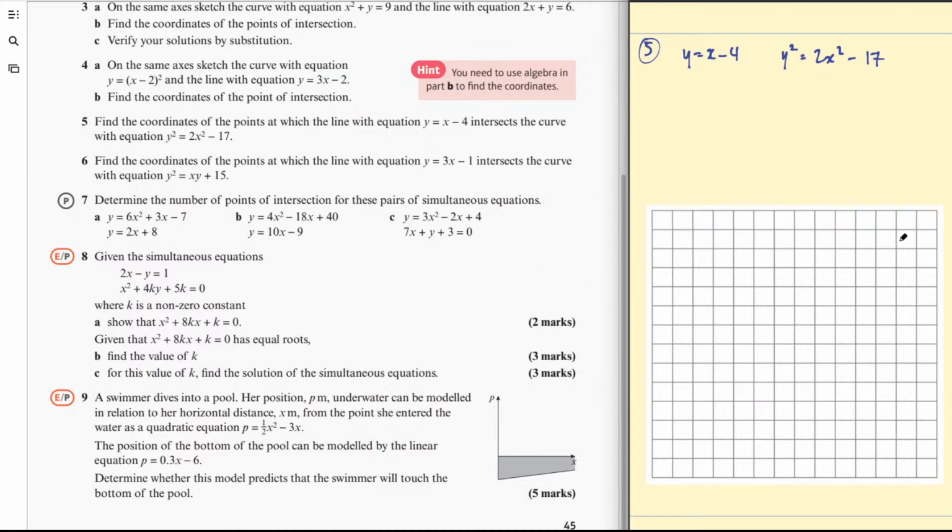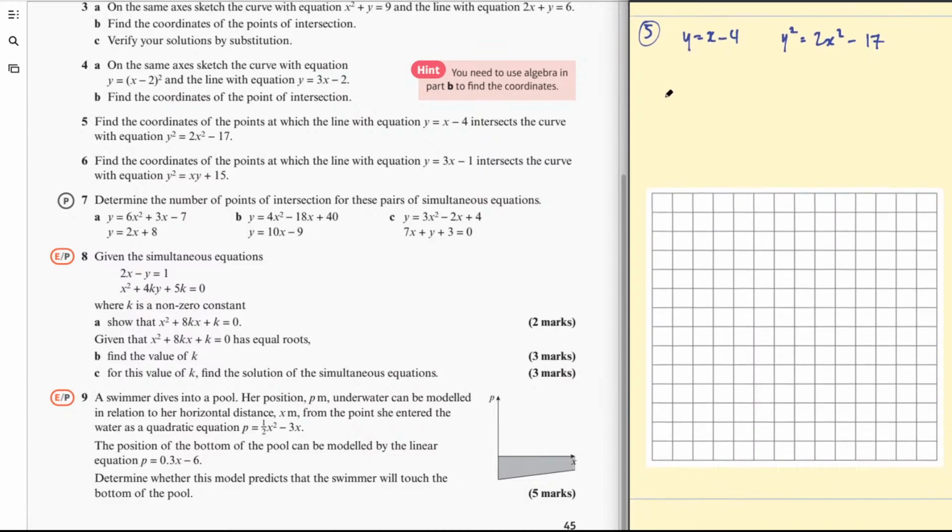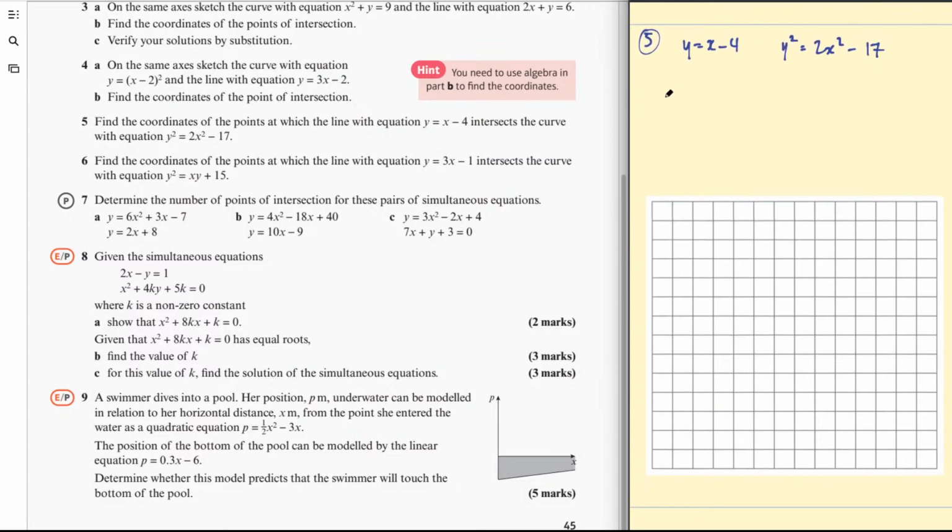Possibly. Or it doesn't even say to graph them. It just says to find the coordinates. So do we just solve this algebraically?